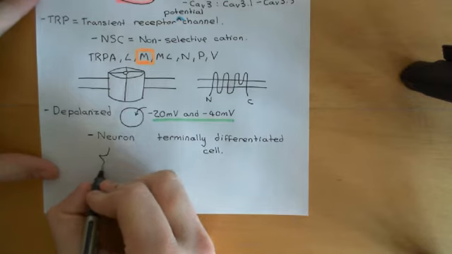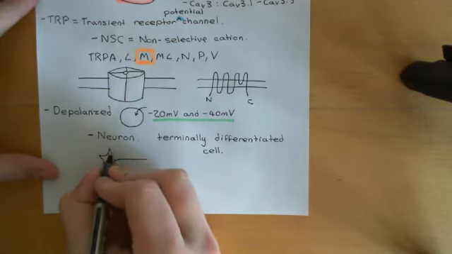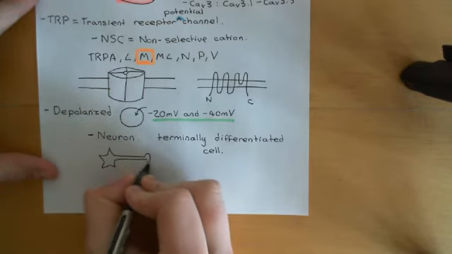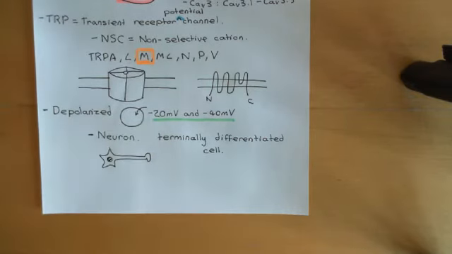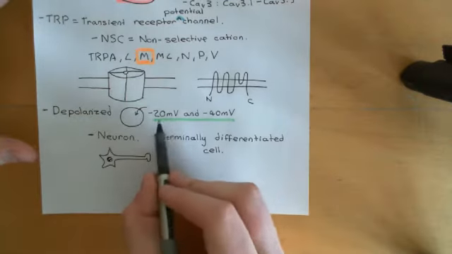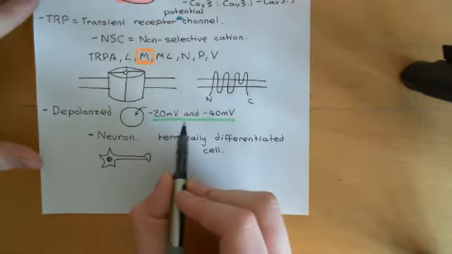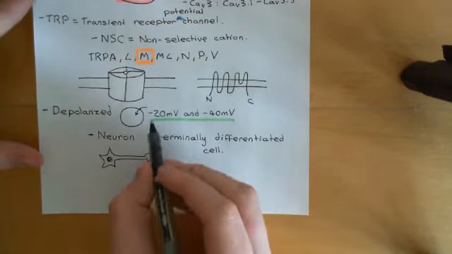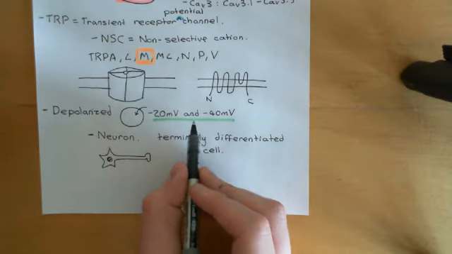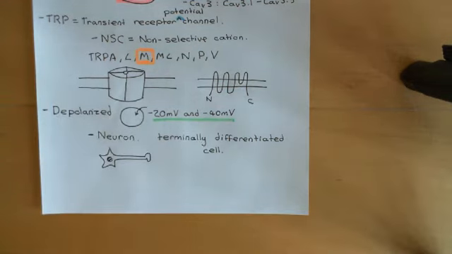I'll draw a little picture of the neuron here. Those are the dendrites, here's the axon with the axon terminal. We're going to set it to a depolarized level and sustain that for a long period of time, let's say at negative 30 millivolts.